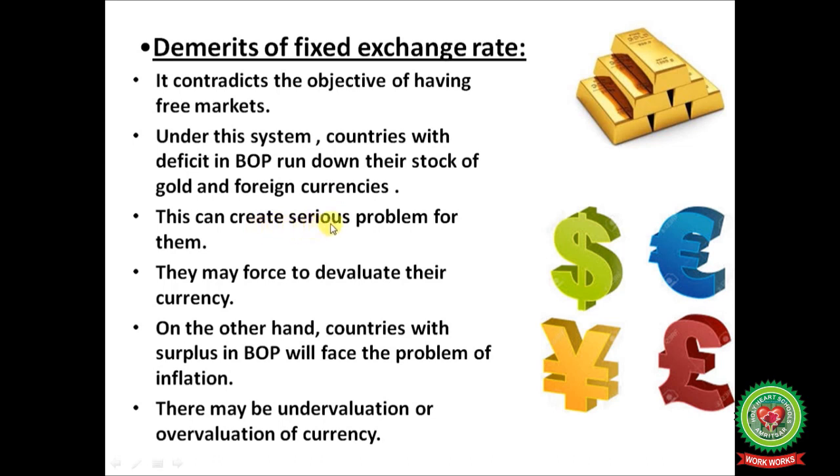This can create serious problems for them as they are using their foreign reserves for the payments of their trade. They may be forced to devalue their currency, or declare the external value of their currency lower. On the other hand, countries with a surplus in balance of payment will face the problem of inflation.